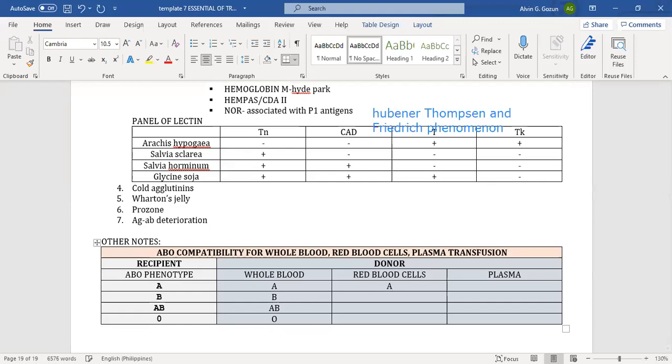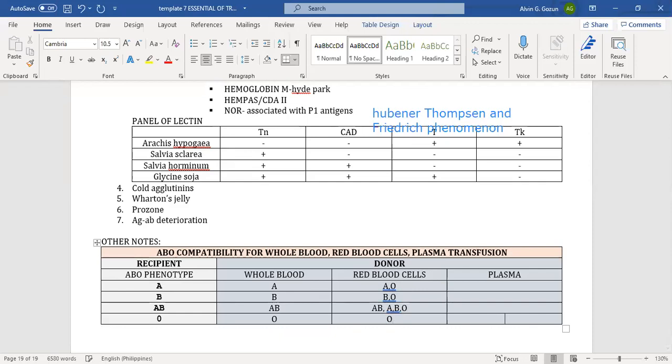First choice, A. Second choice, O. Next, blood type B. First choice, B. Second choice, O. Blood type AB. First choice, AB. Second choice, A, then B, and then O. And last, blood type O, first choice, O.